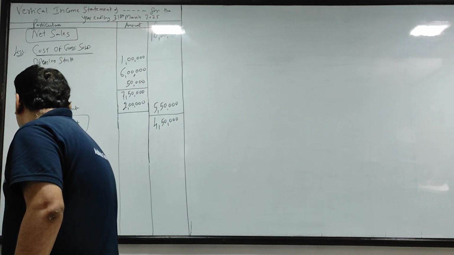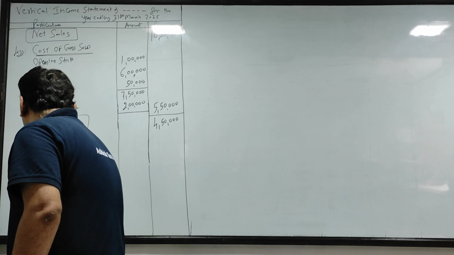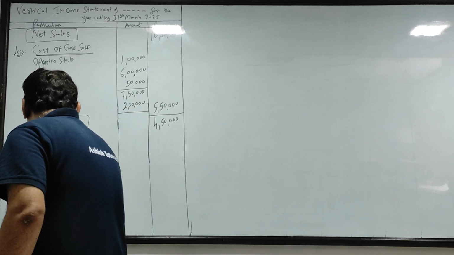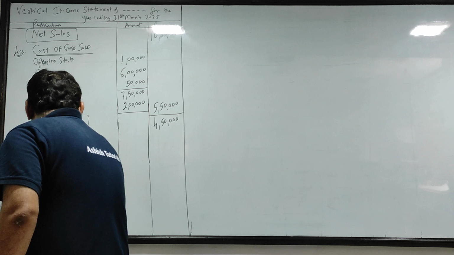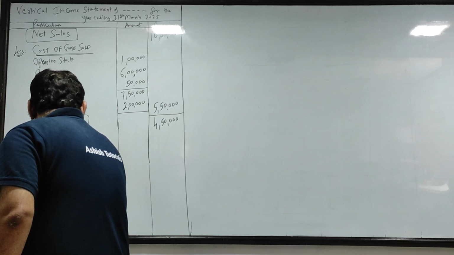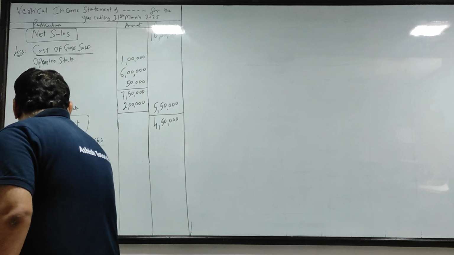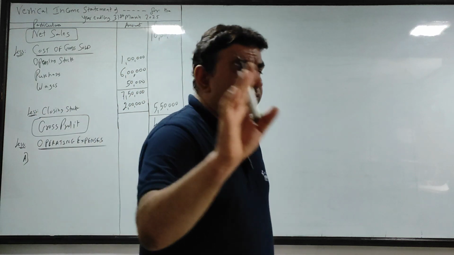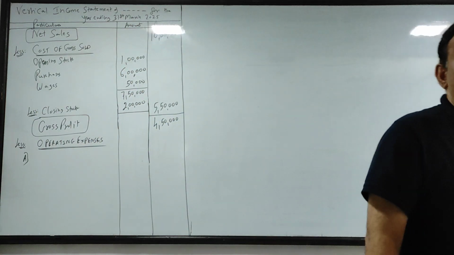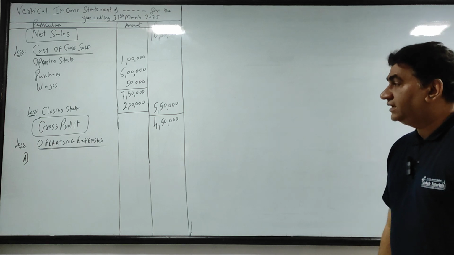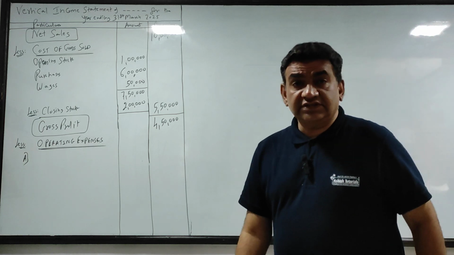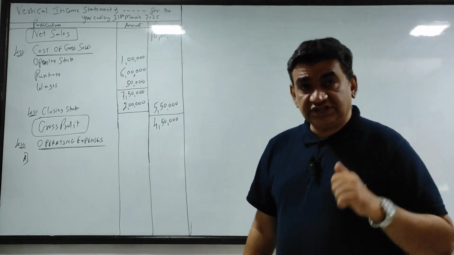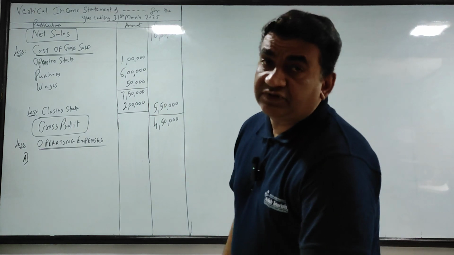Now what I told you in the format, from the gross profit we will deduct the expenses which are incurred in the day-to-day business activities, which we call operating expenses. Now, operating expenses are further classified in 3 categories: admin or office expense, selling and distribution, and finance.